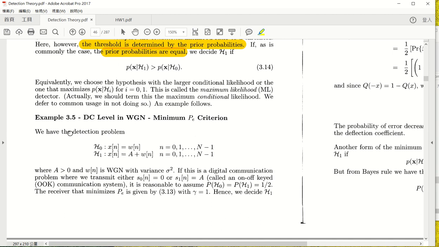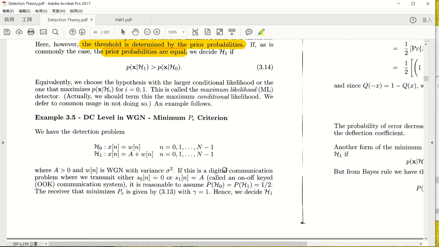We have a detection problem H0, H1, which is equal to this, which is equal to this, right? We have seen this before, except that we have multiple samples rather than just one sample, where A is larger than 0, and w[n] is white Gaussian noise with variance sigma squared.